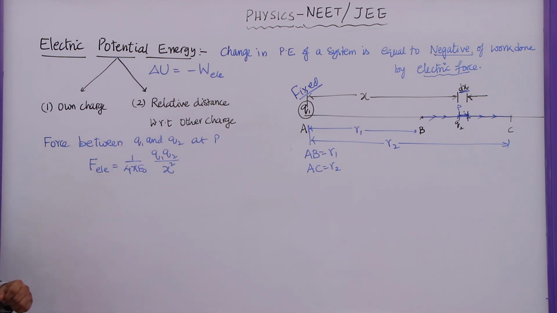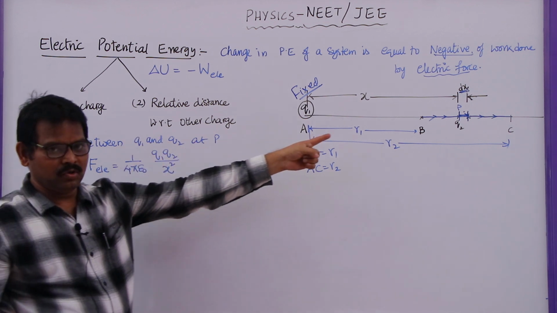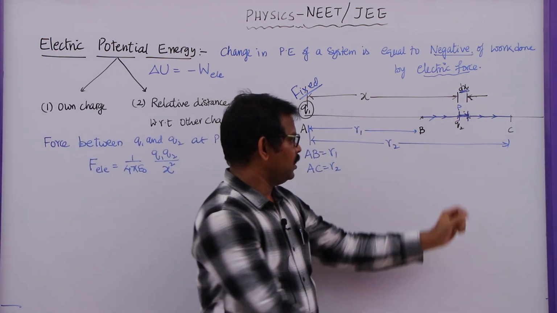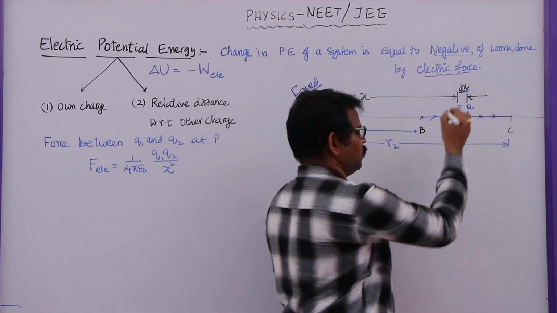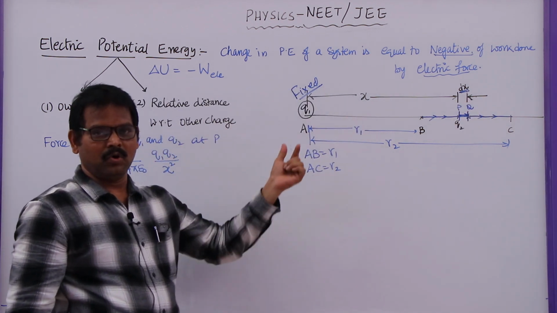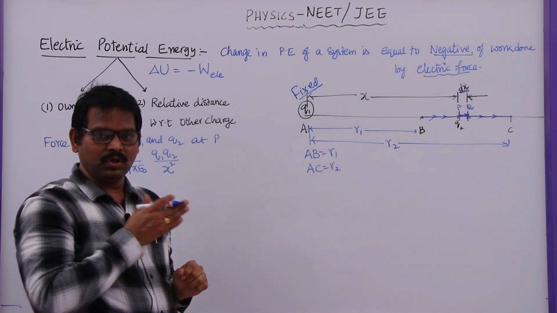This is the electric force. So this charge Q2 will move from P to, let us say this point Q, from P to Q by a small distance dx due to the electric force.